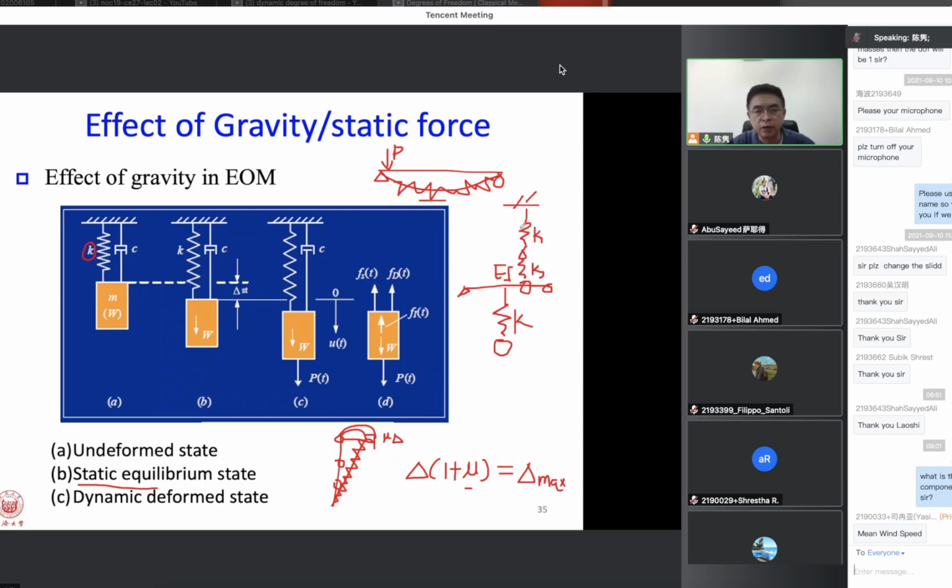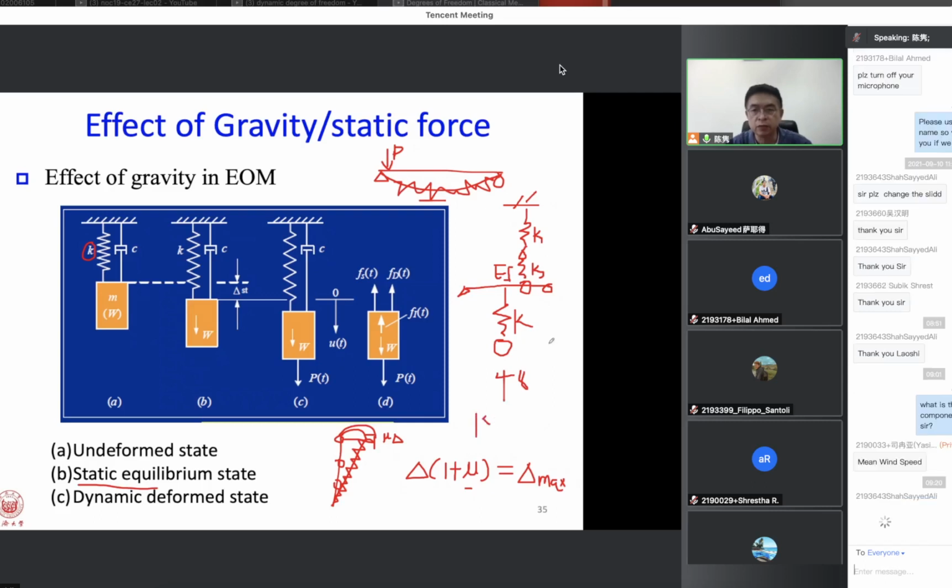You can use the equivalent stiffness for this one, and because this is a beam, if I remember correctly, it should be 48EI divided by L to the power of 3, something like that. So you should have an equivalent K for these two springs in series, which is K equals K1 times K2 divided by K1 plus K2.